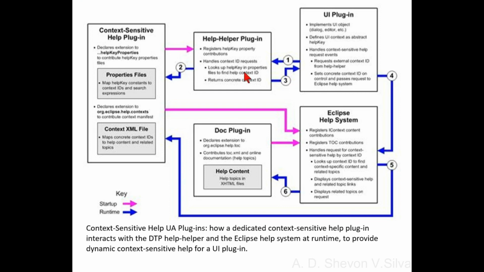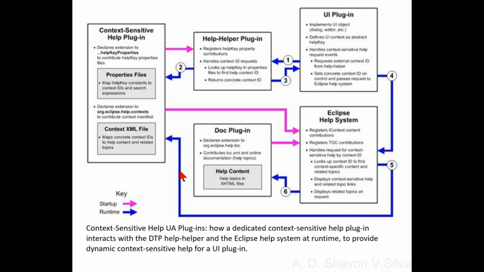Following, this diagram shows how the dedicated context-sensitive help plugin interacts with the DTP helper and the Eclipse help system at runtime to provide dynamic context-sensitive help for a UI plugin. During workbench startup, the DTP helper registers help key properties file contributions declared by context-sensitive help plugins.